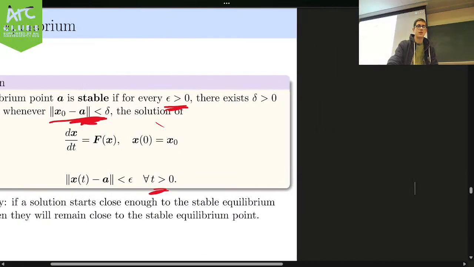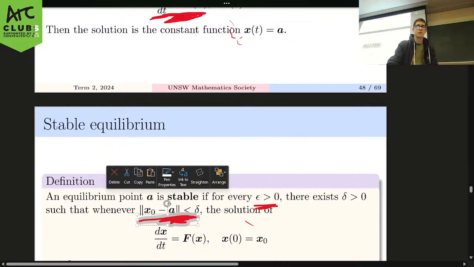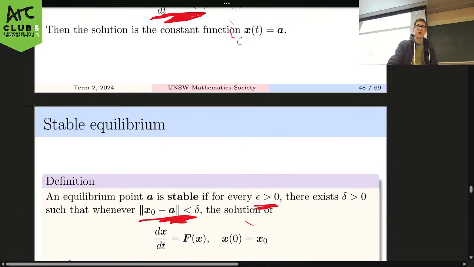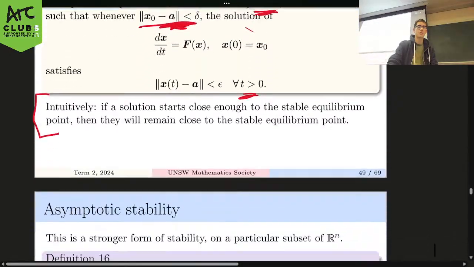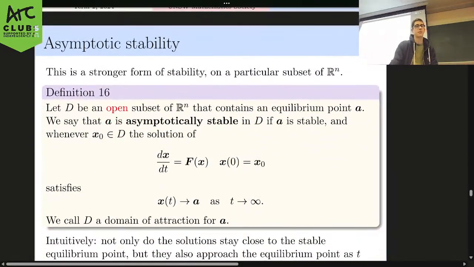Then we have this idea of asymptotically stable, which is a bit more in this definition.